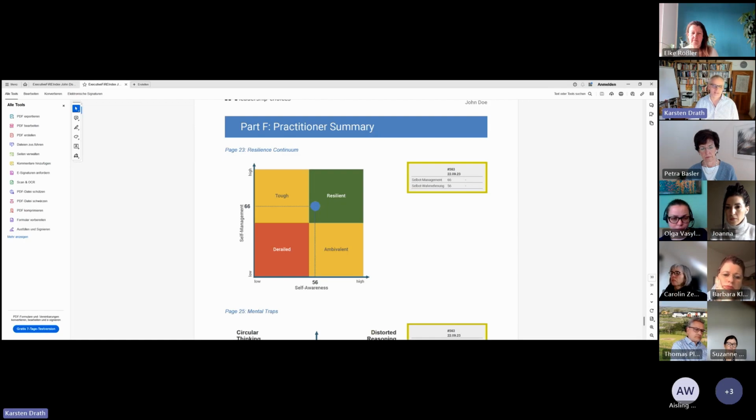And what we typically see, I probably shared with you our research paper on the first real data sample of top managers doing the executive FiRE index. What we can say is a high degree of trait resilience, raw resilience, correlates with the likelihood of becoming an executive.